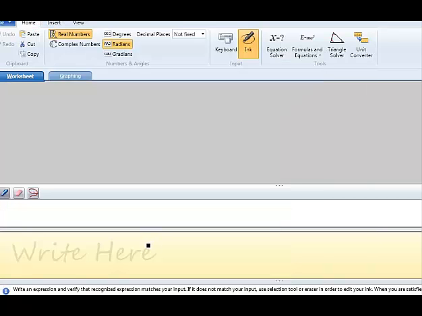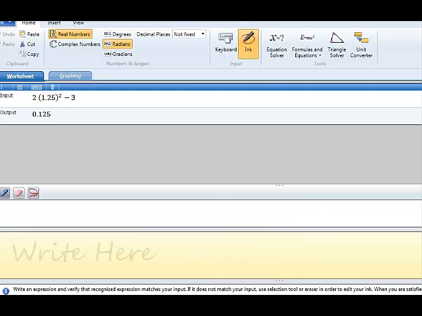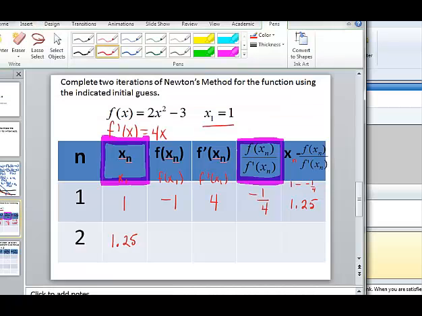So I'll take my function, 2 times 1.25 squared, and then I subtract 3. This gives me the answer of 0.125, and I will put that on my chart now.